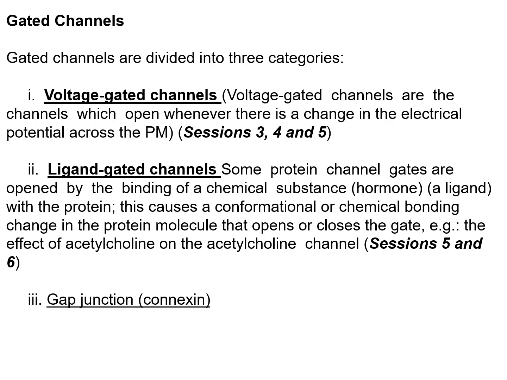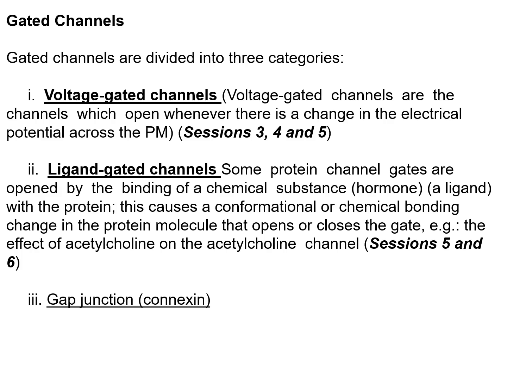And this is an example of the voltage-gated sodium channel, which is responsible for the nerve impulse. So any change in electrical membrane potential could also change the gate of the voltage-gated channel.